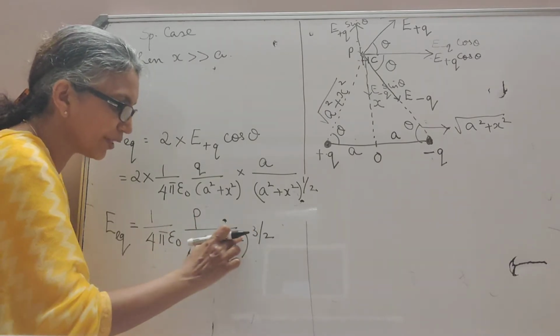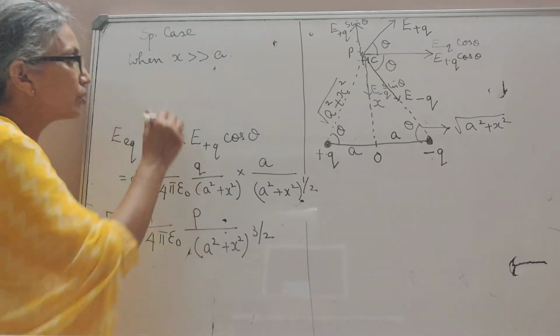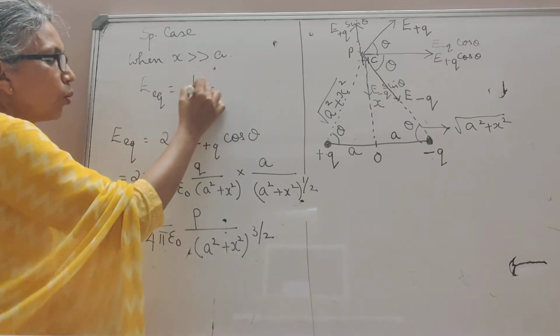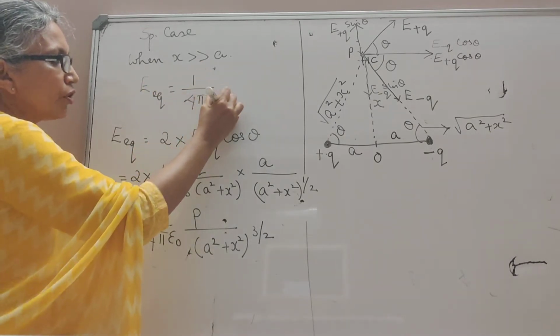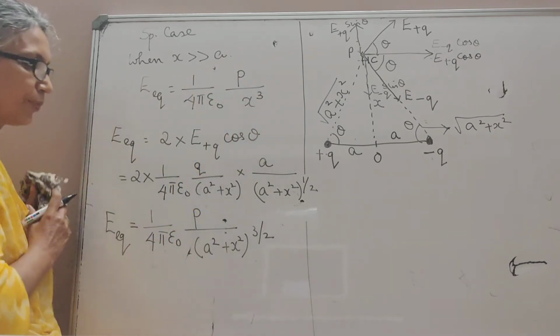X square to the 3 by 2, 2 and 2 will get cancelled. You will simply have an X cube. So we have E equatorial equal to 1 by 4 pi epsilon 0 P by X cube. This is your final formula.